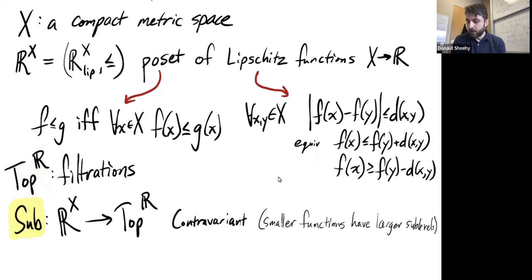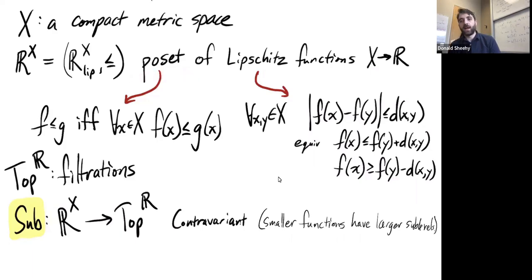If I have a function, I would like to have a filtration. The way to get filtrations from functions, which I think is the most common way it's done in TDA, is to take sublevels. All the points in the space whose function value is less than or equal to some alpha will be the space in the filtration at alpha. But I'm also going to think of this functorially in terms of this poset.